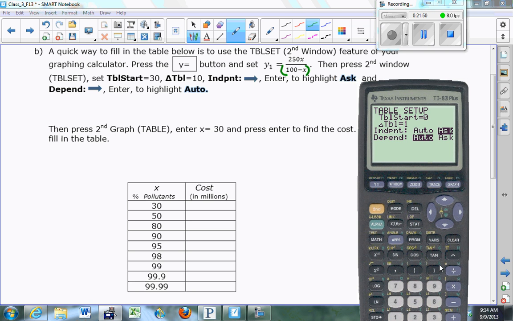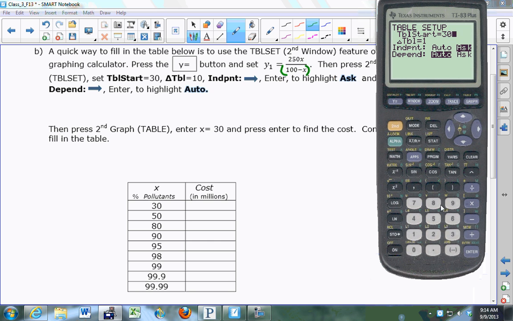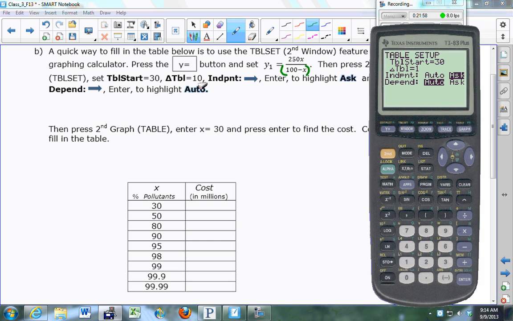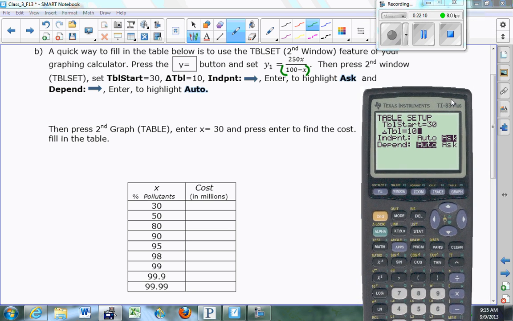So right in there, I put the number 30. Okay, that's where I'm going to start. I'm going to increment by 10 because at least the first 1, 2, 3, 4 answers are incremented by 10. So I can do 10. And then it says independent.